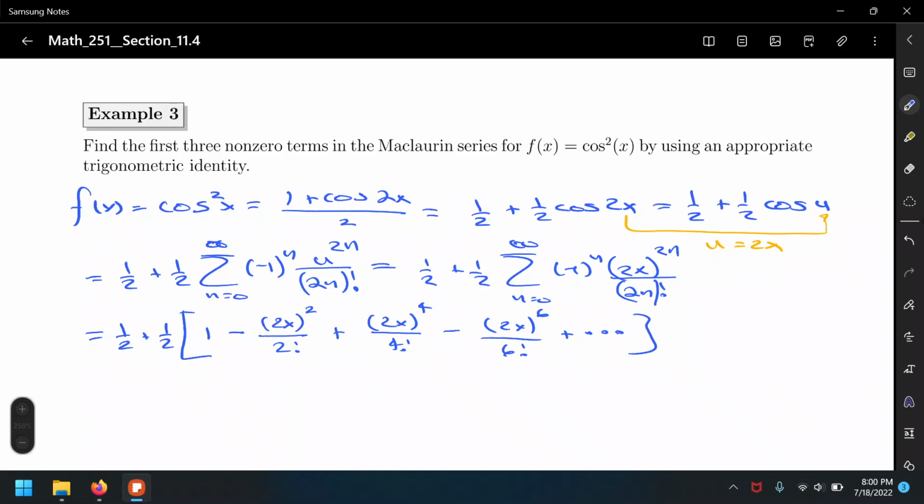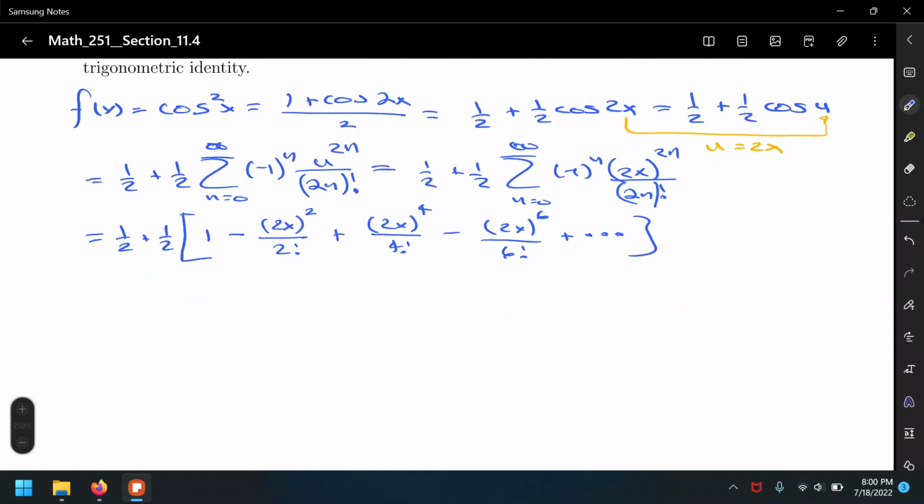Alright, so let's just continue simplifying this. What I would like to do first is distribute this 1/2.